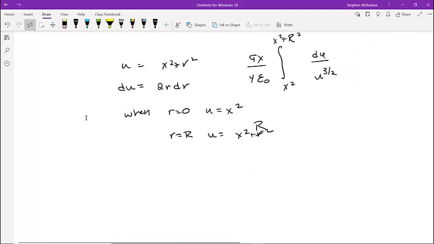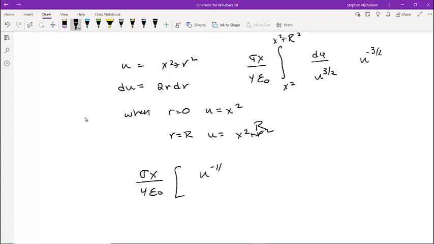Now this is u to the negative 3/2 power, so when you integrate it, you're going to get u to the negative 1/2 power divided by negative 1/2, evaluated between x squared and x squared plus R squared.